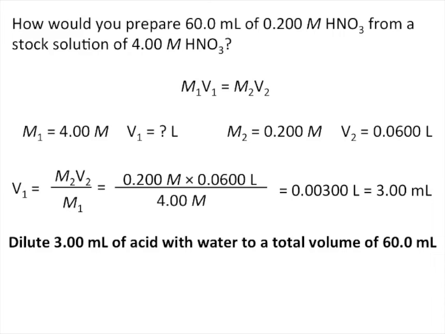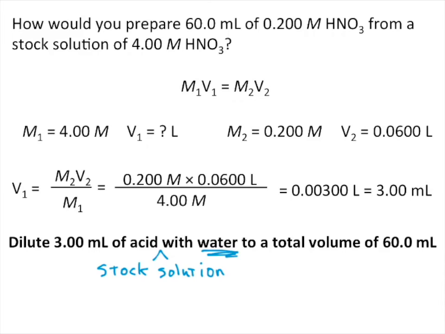What does that mean? So that means you take 3 milliliters of the stock solution, and I should write the words stock solution in this sentence, and you dilute it with water to reach a total volume of 60 milliliters. So this means that most likely you're adding 57 milliliters of water plus the 3 milliliters of acid to make 60 total. Now to be fair, I said water here, but up in the description at the top, I don't mention what the solvent is.